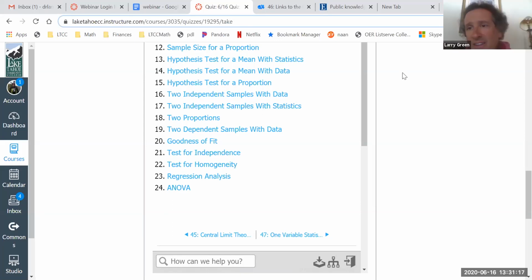So regression analysis is the test for chapter 12. It's the only one we have.